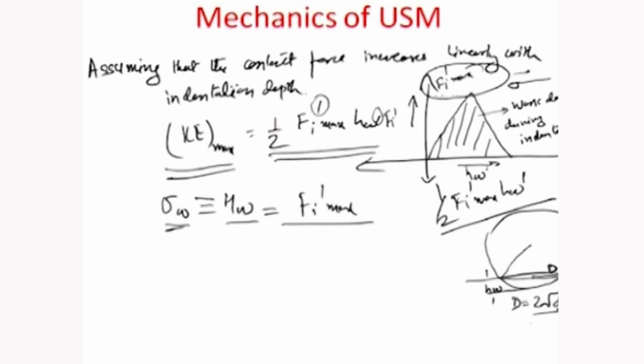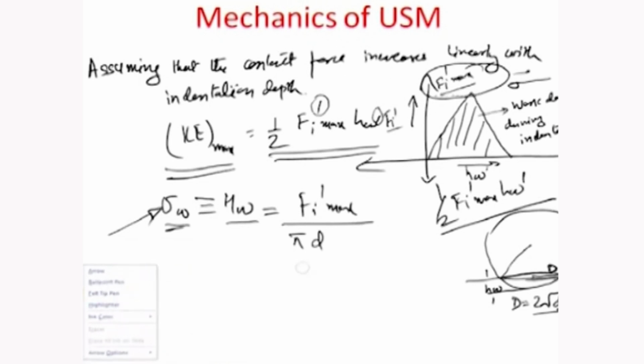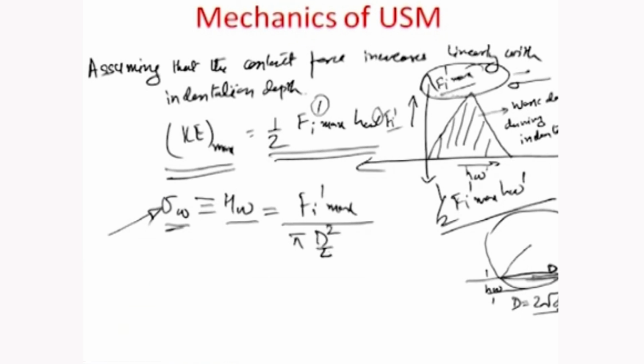There was a relationship between this capital D, the projected diameter of the grain on the surface, and the grain diameter. So the force per unit area that you get out of this equation, where F goes to Fi dash max, the maximum force of the grain on the surface at that time, we assume the area to be pi capital D square by 4.